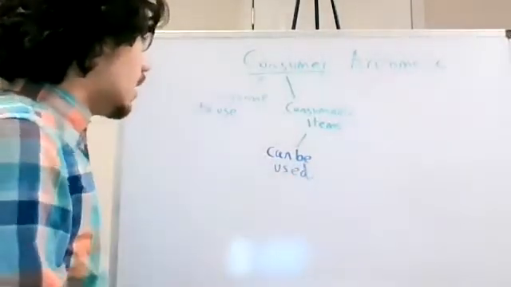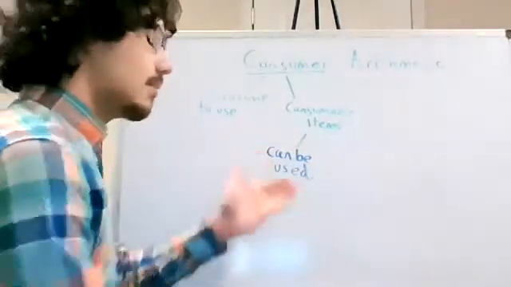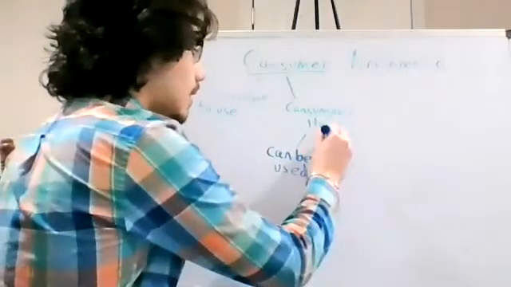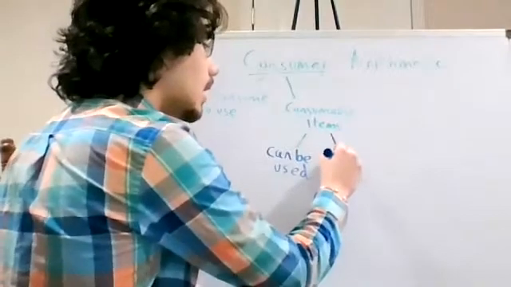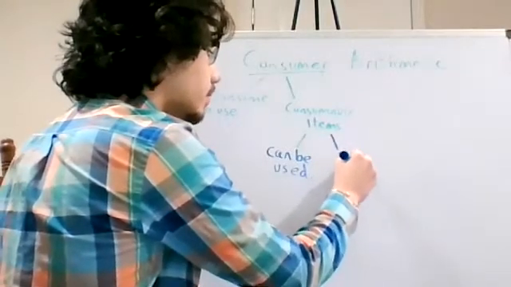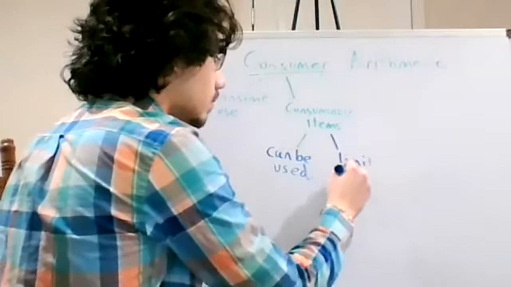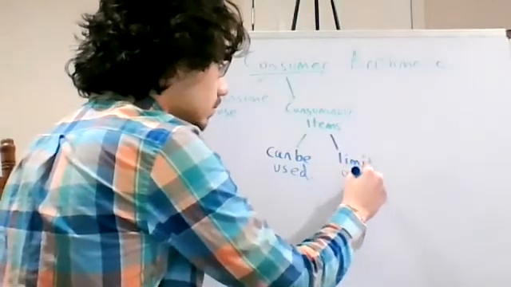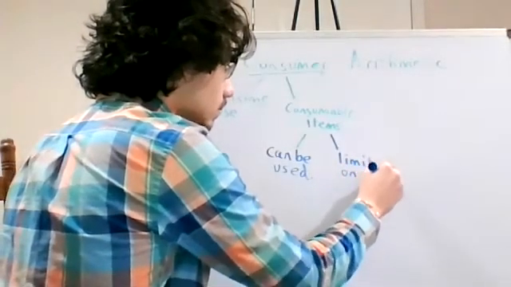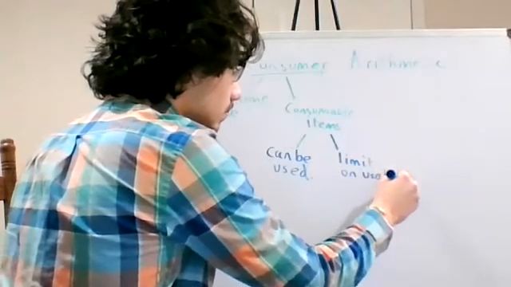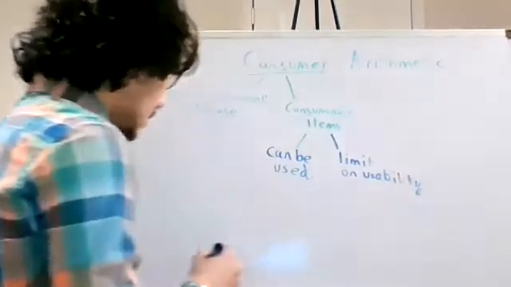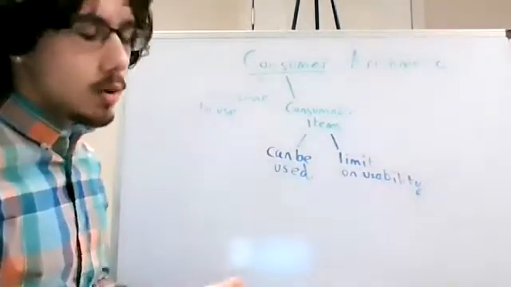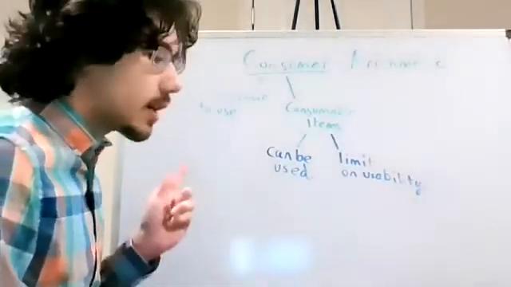Now, typically, when consumable items can be used, usually consumable implies a limit on usability. So the limit most usually is 1 use.